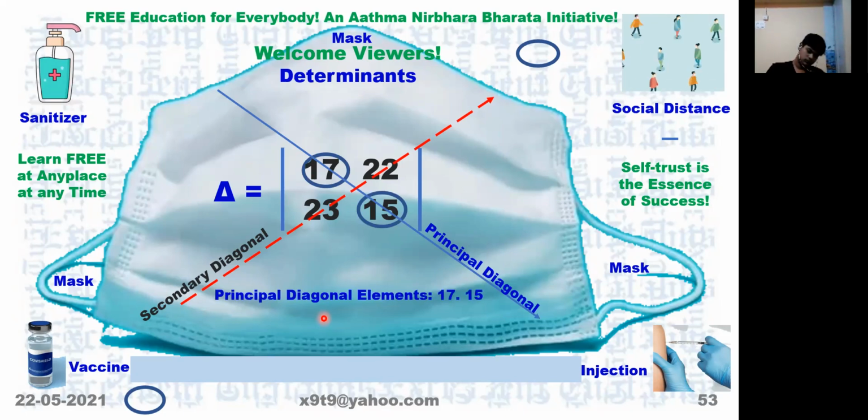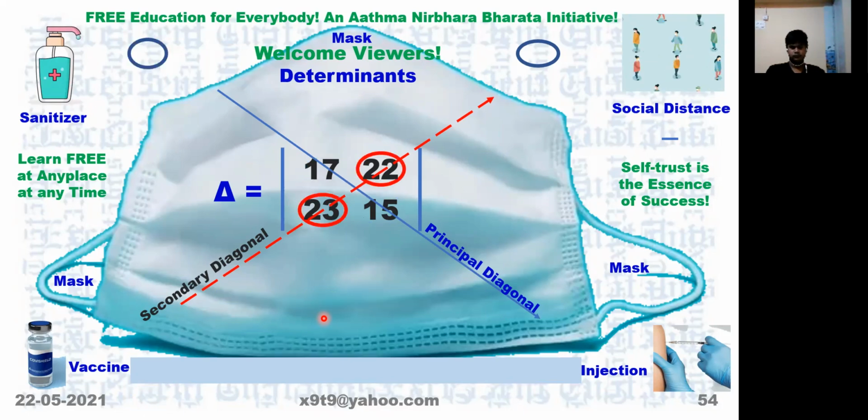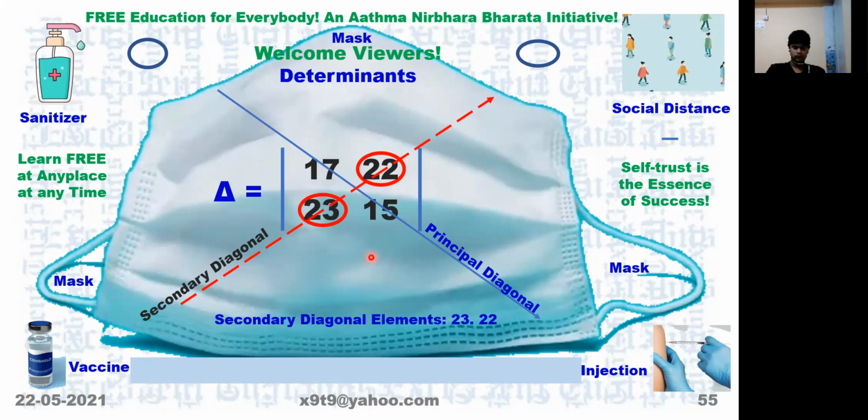So in this problem, principal diagonal elements are 17 and 15. The numbers on the secondary diagonal are called secondary diagonal elements. 23 and 22 in this example are secondary diagonal elements.